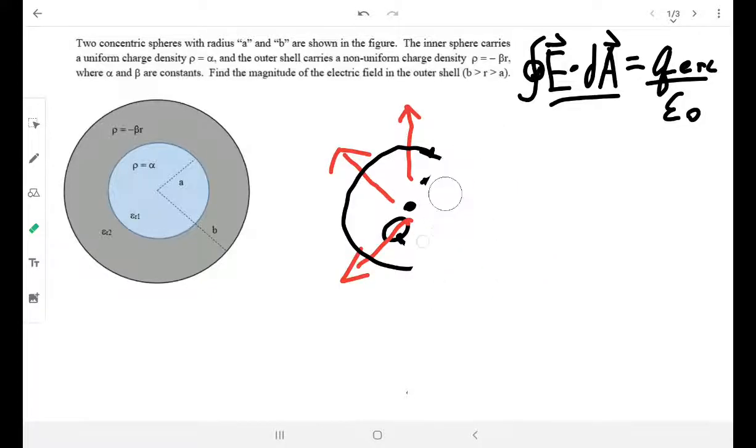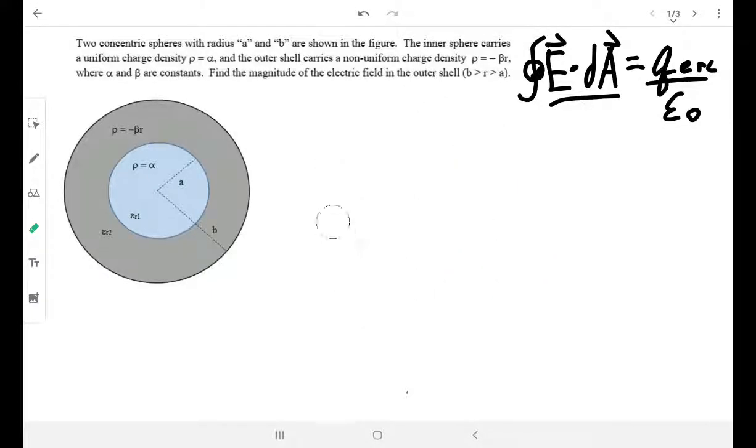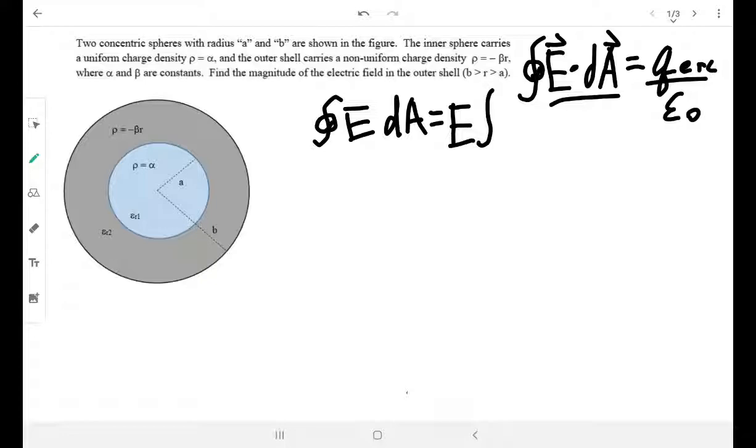So keeping that in mind, I'm going to rewrite my integral here as the integral of E dA, and now I can pull my E out because E is constant through that surface, and I end up with the integral of dA, and that just simplifies to EA.